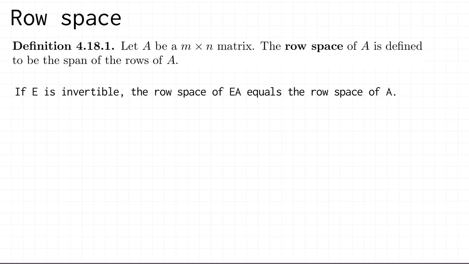To do this, interestingly enough, we need to introduce the idea of the row space of a matrix, and you'll see why that is in a moment. The row space of an m by n matrix A is defined to be what you think it should be, the span of the rows of A. So for example, if your matrix A was 1, 2, 3, 4, then the row space will be the subspace of the space of all 1 by 2 row vectors spanned by the 1 by 2 row vector 1, 2, that's the first row of A, and the second row of A, 3, 4.